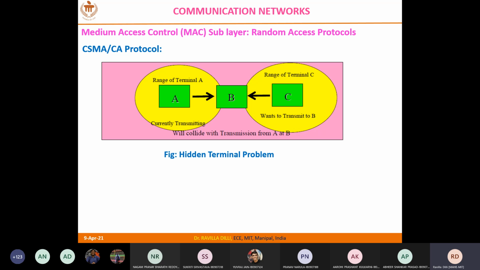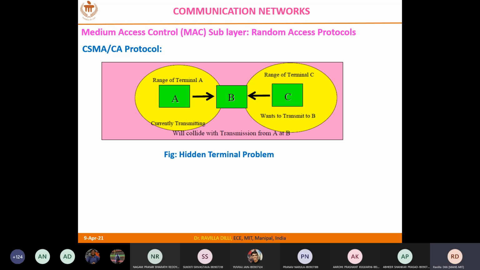Beyond that, the signal cannot travel because of the limited signal energy. In the same way, when C releases the signal, it covers the yellow region. B is a common node which is present in the communication range of both A and C.